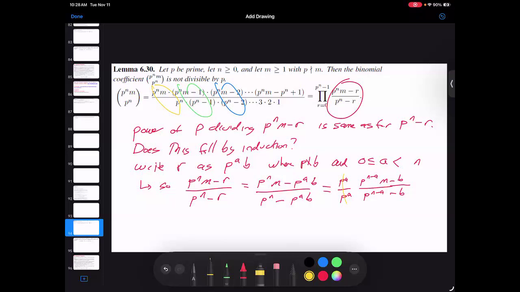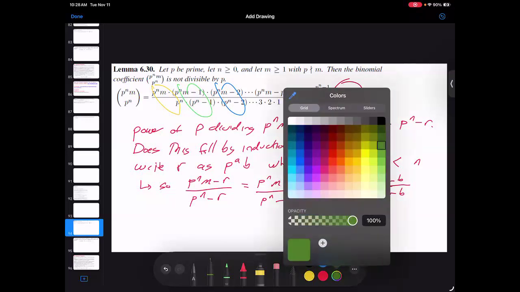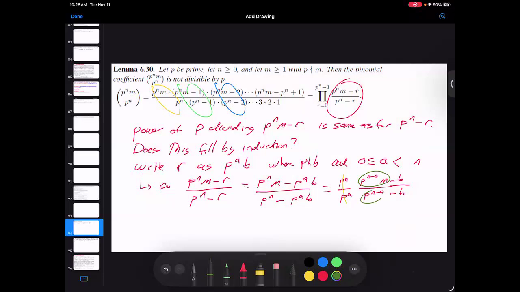Remember, n is greater than a. So these two things are multiples of p as n minus a is greater than 0. And then we subtract something that's not a multiple of p. So the numerator and the denominator are not multiples of p.